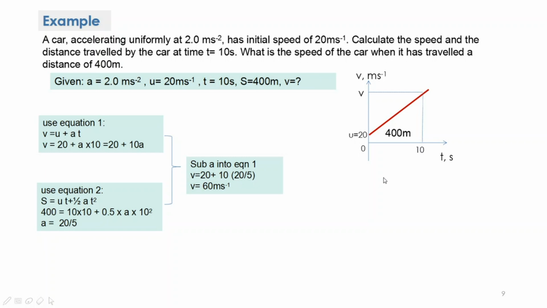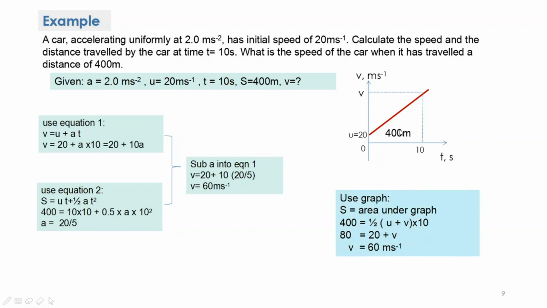The area under the graph, 400, is equal to half of u plus v times the height 10. Hence, you will be able to calculate v equal to 60 meters per second. It is similar to the equations method. In this example, the graphical method is easier and faster to obtain the solution.